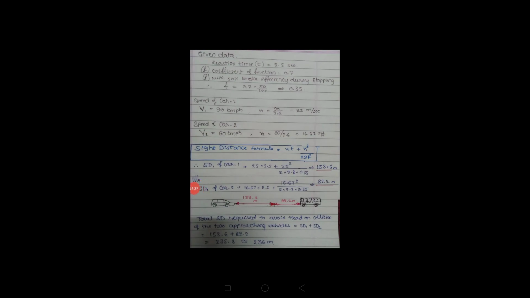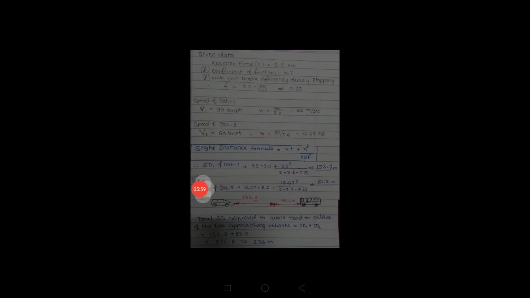We know the formula for stopping sight distance is equal to Vt plus V squared divided by 2gf. Here the formula is in meters per second.